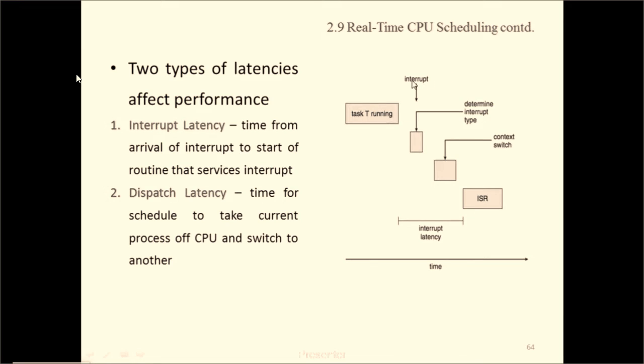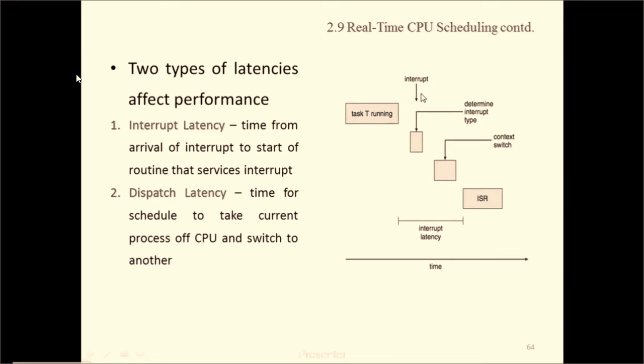Now an interrupt arrives which is at a higher priority level than task T. The obvious action is to suspend task T, give control to the interrupt, and when the interrupt is complete, reload the task. This is called preemption, obviously.